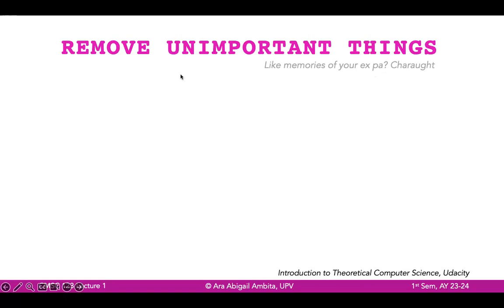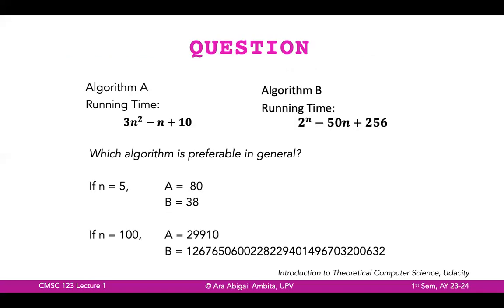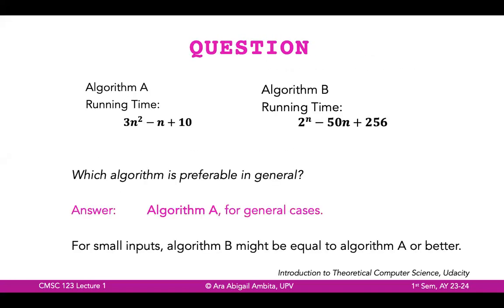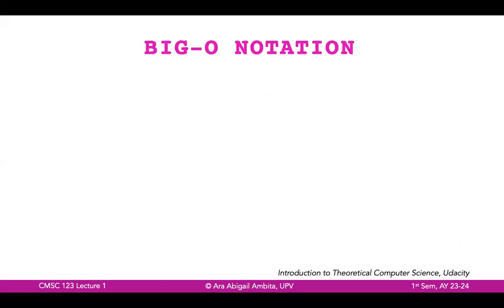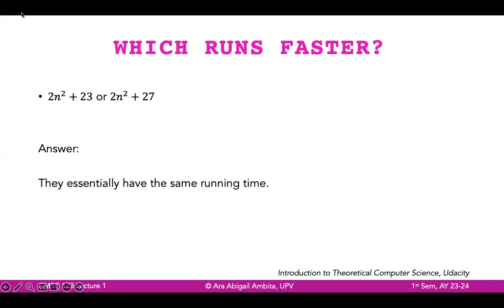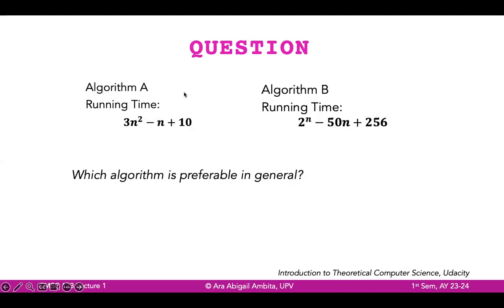So in big O notation, what we want to do is remove unimportant things. So why do we have to do that? Because if we look at here, 2n squared plus 23 and 2n squared plus 27, basically they almost have the same running time, the only difference being the constant. Okay? And then here, we know that 3n squared will have better running time compared to 2 raised to n.